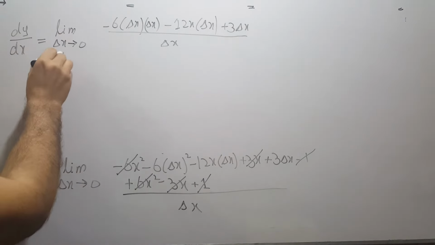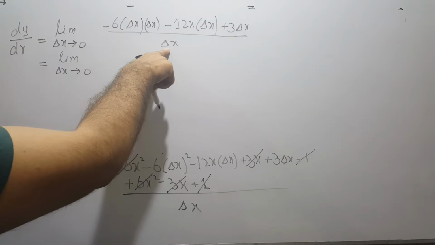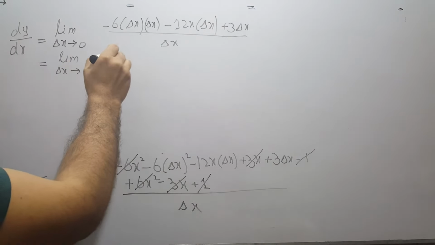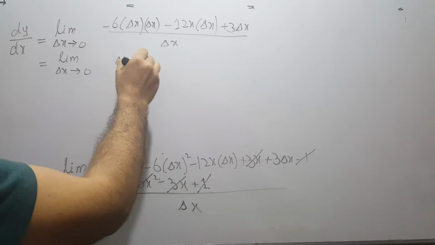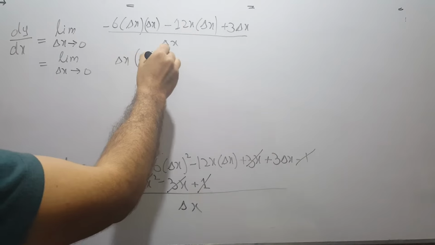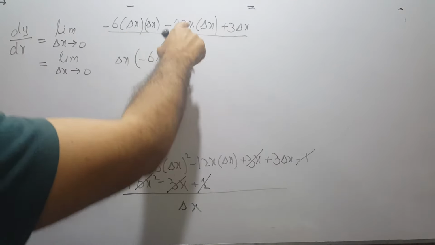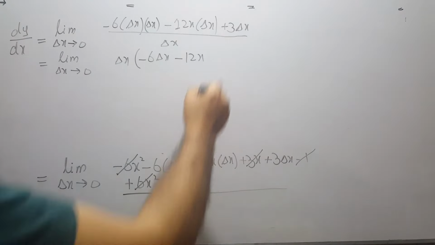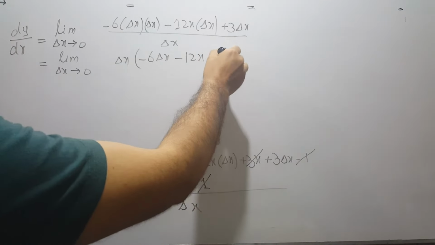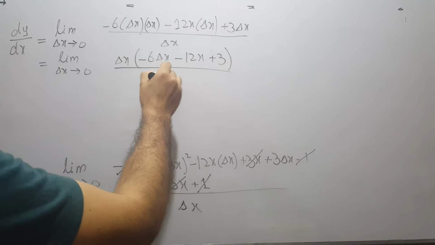Now from the denominator, we have to remove this one. How can we do that? If we take delta x common from the above. So if you take delta x common, we are left with minus 6x. If we take delta x common, we are left with minus 12x. And if we take delta x common, we are left with plus 3, divided by delta x.